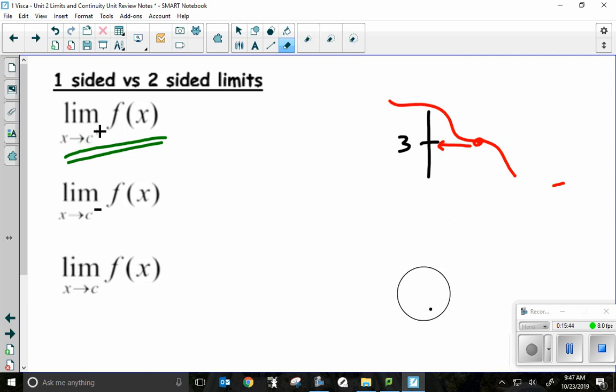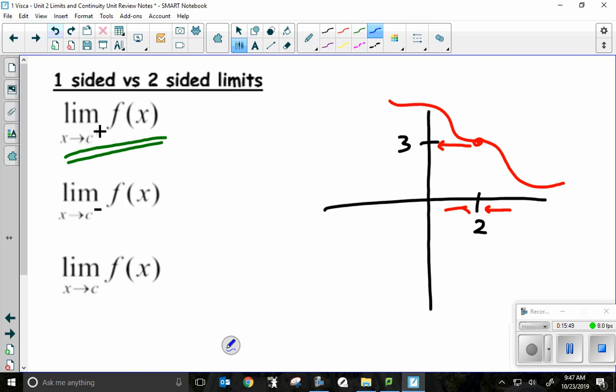But now, when I have this with a little plus in the upper right-hand corner, that means I don't care about approaching that value from the left side. I only care about approaching C from the right side. Let's say C was 2. I only care about approaching 2 from the right side. I don't care about the left side at all.